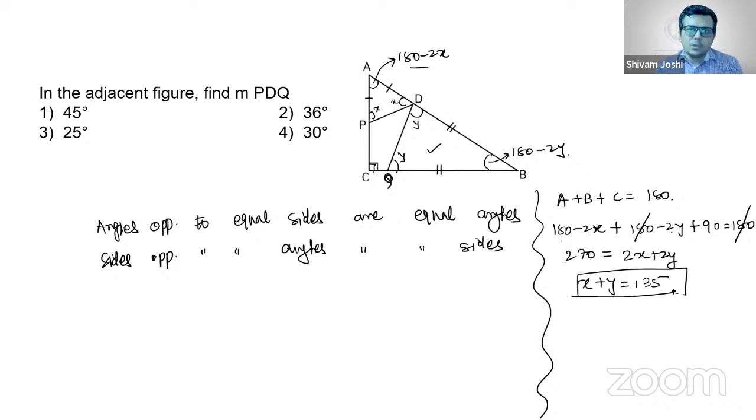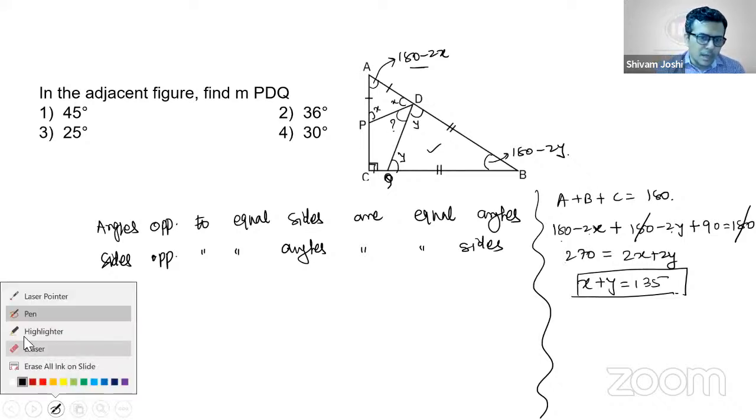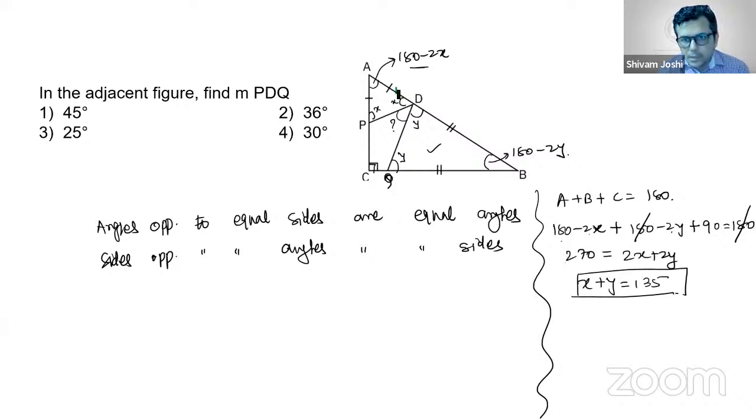But what is the question? In the question, you have to find out PDQ, this angle, right? So can we clearly see that this makes a straight line? These three angles at point D are going to make a straight line, and because it makes a straight line, the sum of those three angles made at point D will be equal to 180. Which three angles are made here?